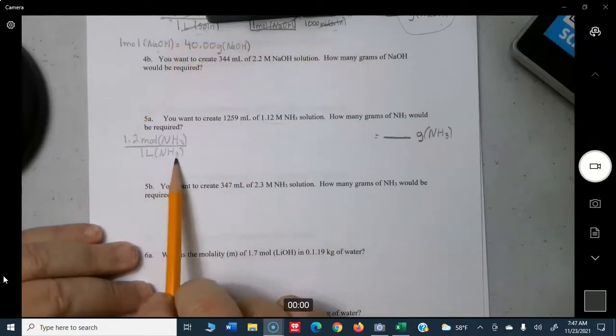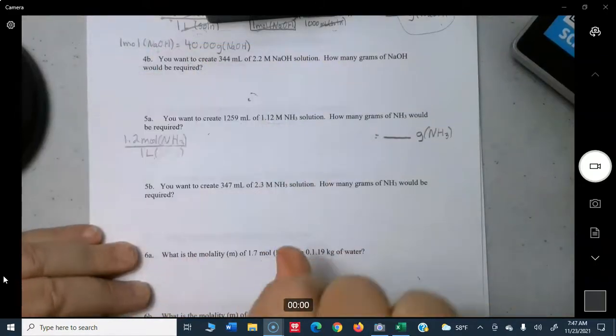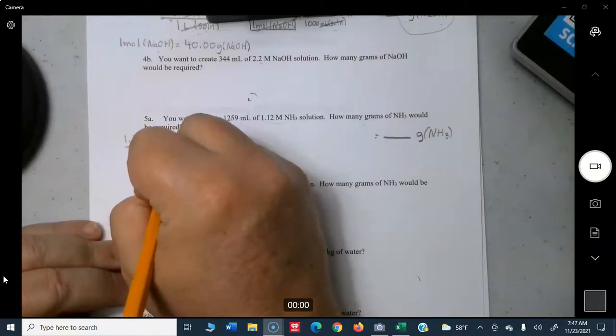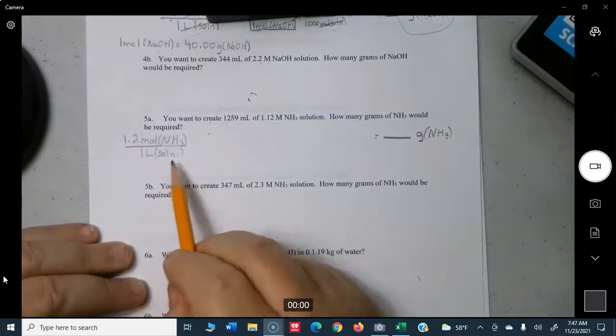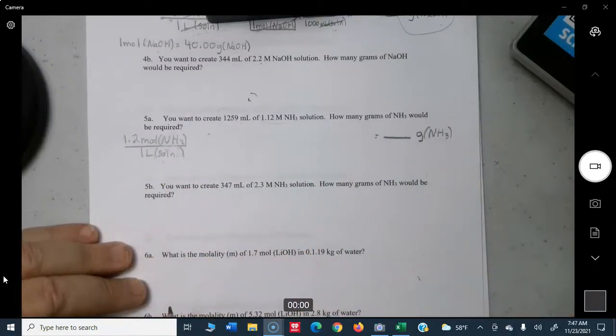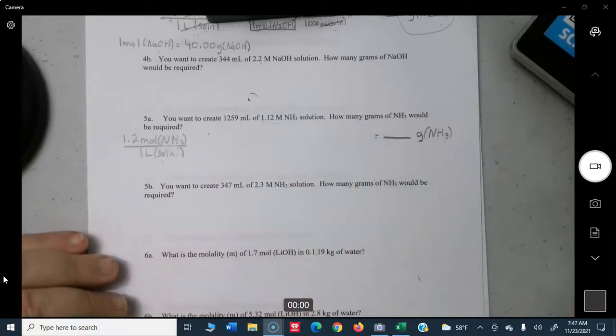Okay, so we have liters of solution. Just the definition of molarity. So we have liters of solution on the bottom here, nothing over here, so that has to disappear somewhere in the problem. We have moles and grams, exact same thing as last time.